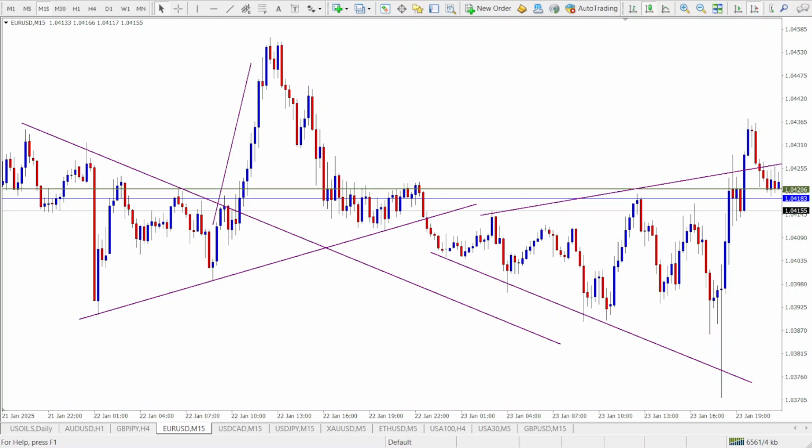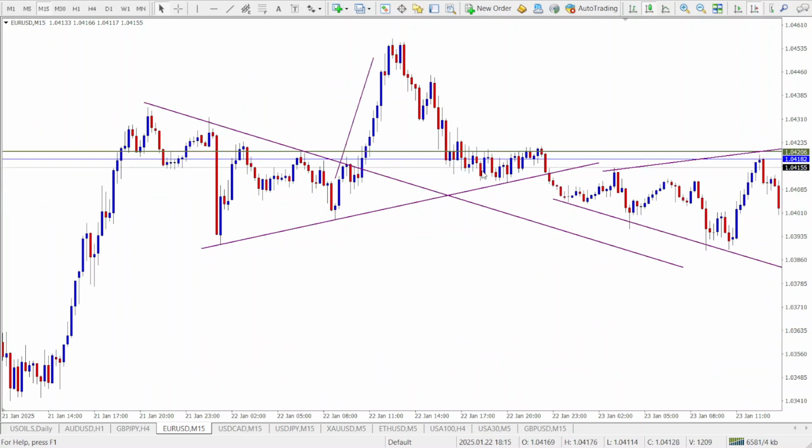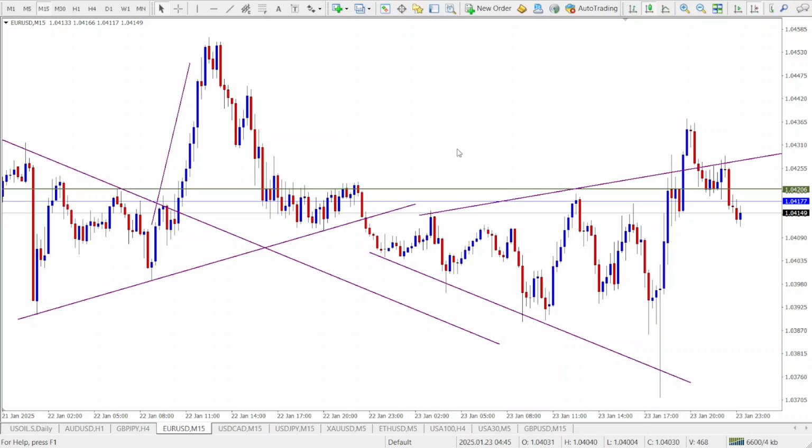Now let us walk through the steps to execute a scalping trade. The first is to identify key levels. You have to make use of support and resistance levels to determine where price might reverse or pause.